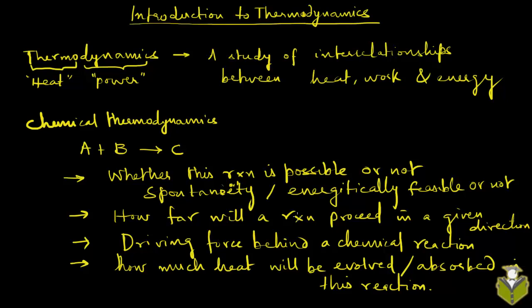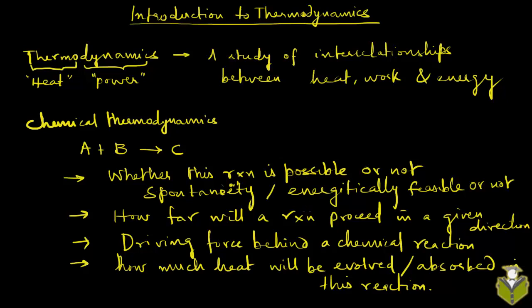Or it can also help us predict how difficult a phase transformation is. For example, if you're looking at converting graphite into diamond or diamond into graphite, thermodynamics will help us predict what sort of conditions are required to convert one phase to the other. Remember, these are physical changes. This is not a chemical reaction. It's just a physical change where you change the way atoms are arranged in a particular material, and that transformation occurs under certain conditions which thermodynamics will help us predict.